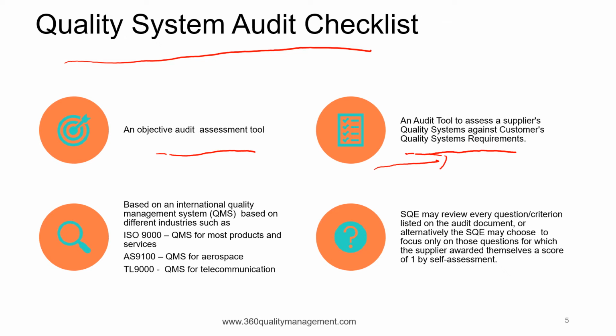Normally, it's based on international quality management systems for different industries, such as ISO 9000 for most products and services, especially consumer products. AS 9100 is used in aerospace. TL 9000 is a quality management system that is used in telecommunication.